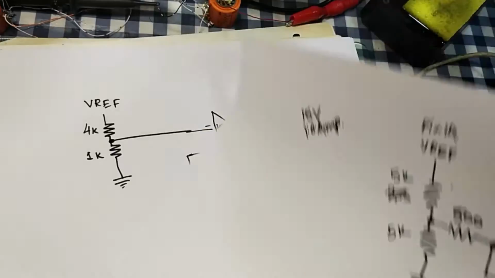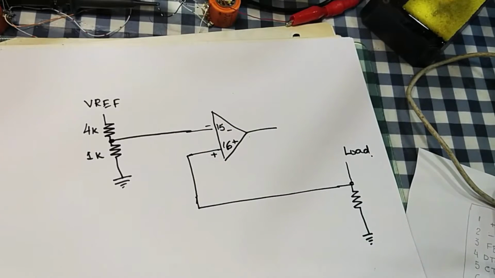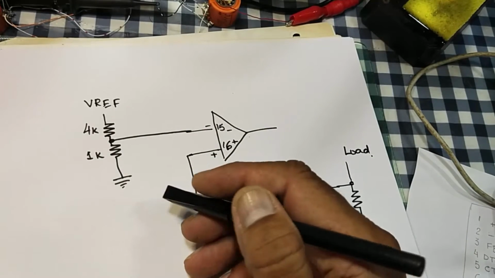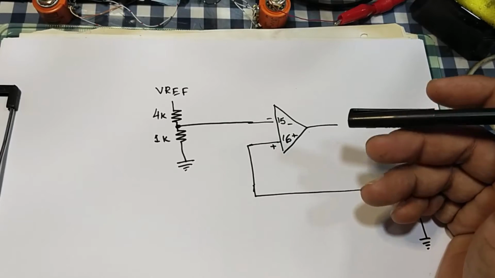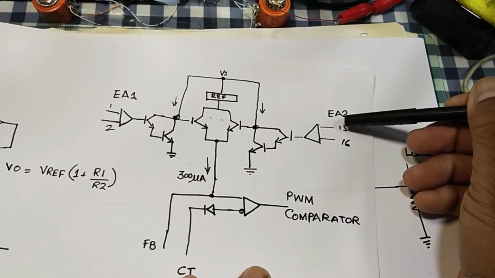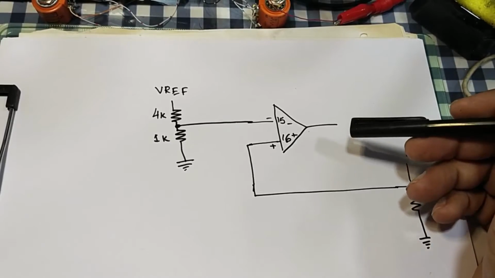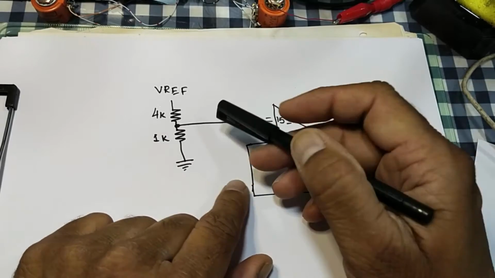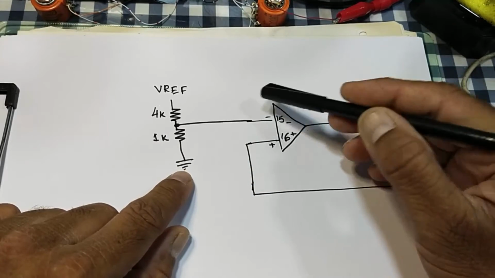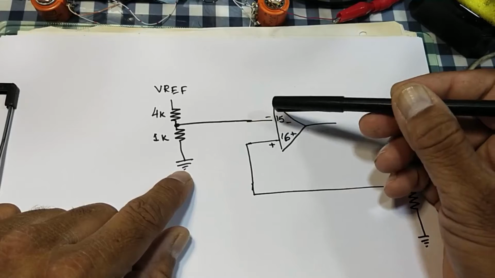And we can also design an error amplifier for current limiting. To set the error amplifier, we need special care. That is for pin number 15 and 16. To set the current limit as a short circuit detection, we have to configure pin number 15 at around 1 volt.